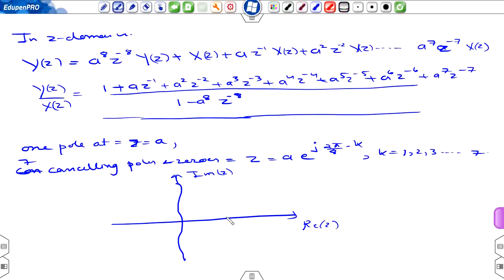So this is a pole at z equal to e. Okay, and the remaining 7 cancelling poles and zeros will be at these positions, like this.